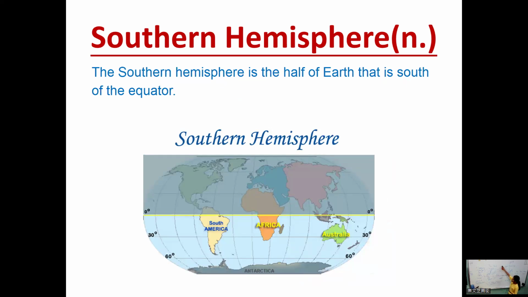So this is northern. So this part is called southern hemisphere, because of the word south. South, down. North, up. Okay, so what are the continents that you can see on southern hemisphere?